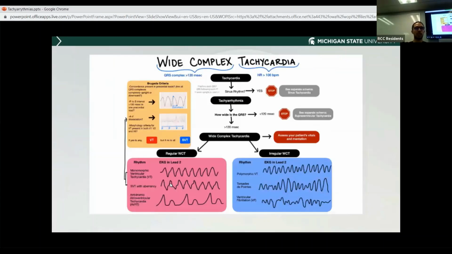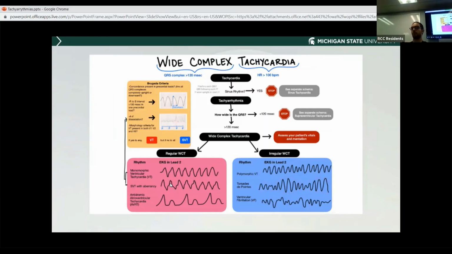So it will appear as a tachycardia with a wide complex, but it's not ventricular tachycardia. It's a supraventricular tachycardia, or a sinus tachycardia, or an AVRT, but with an underlying aberrancy or underlying something that caused the QRS to be wide. And the big question.